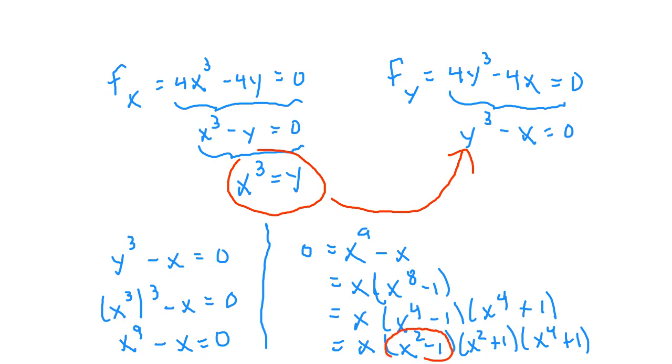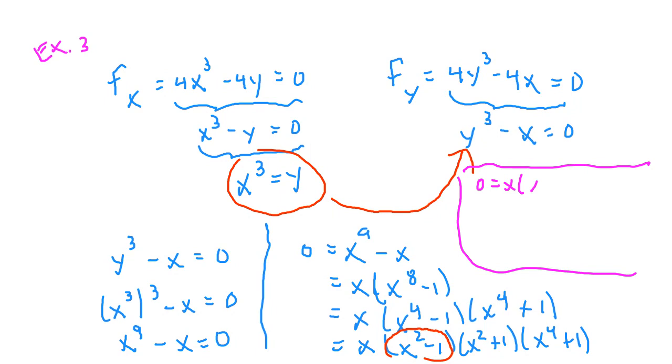So we end up getting, and again, this is example 3 from section 11.7, 0 equals x times x minus 1 times x plus 1 times x squared plus 1.